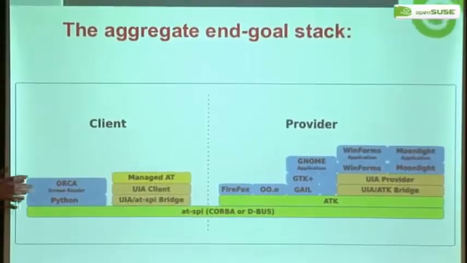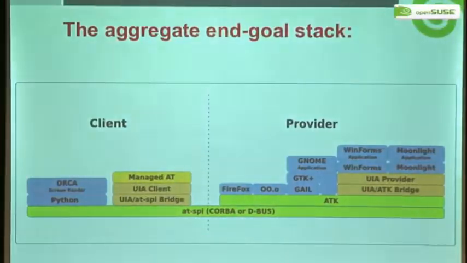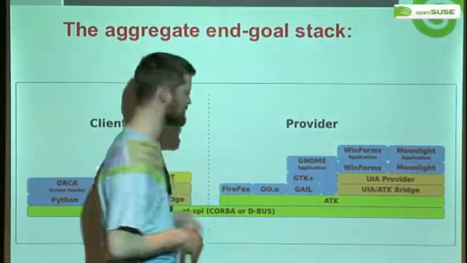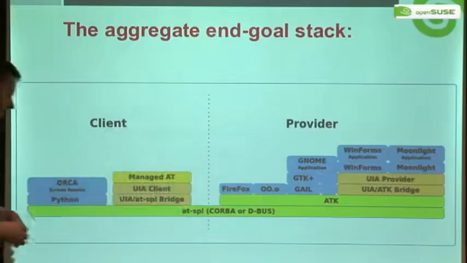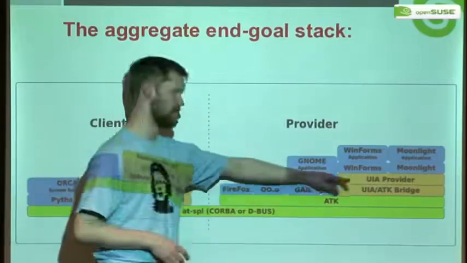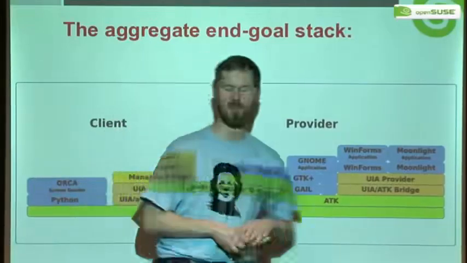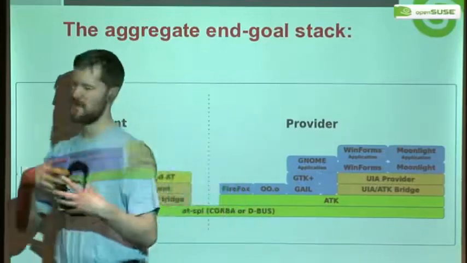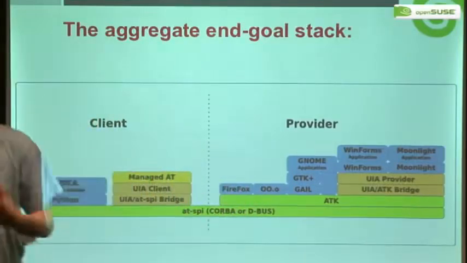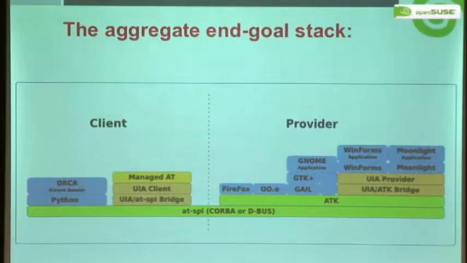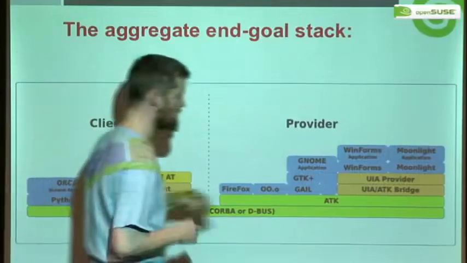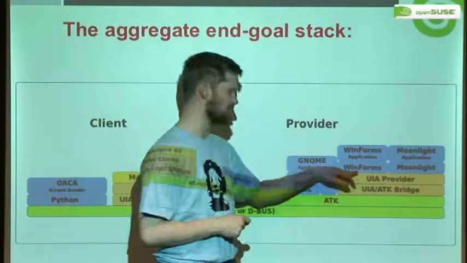So the new stack we propose clearly leaves the existing screen readers, talking to Python, and all of the existing applications. Then in the first phase, we're going to be adding this UIA provider API. This is an API that allows you to add extra accessibility hints to your widgets if you implement them yourself. But better than that, we're going to be implementing it in WinForms.